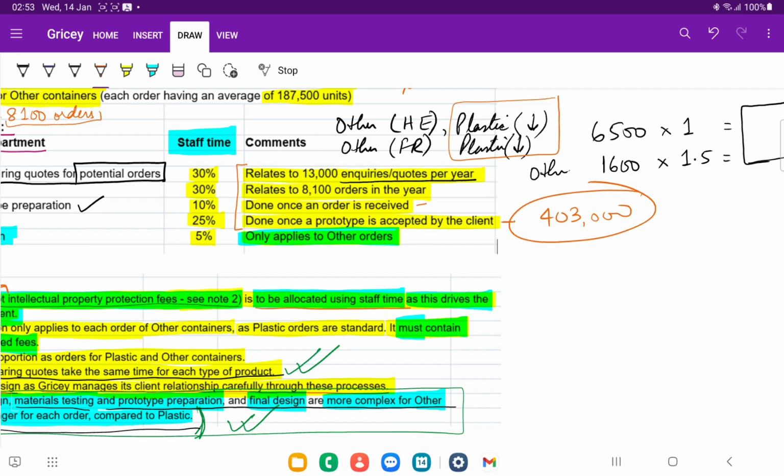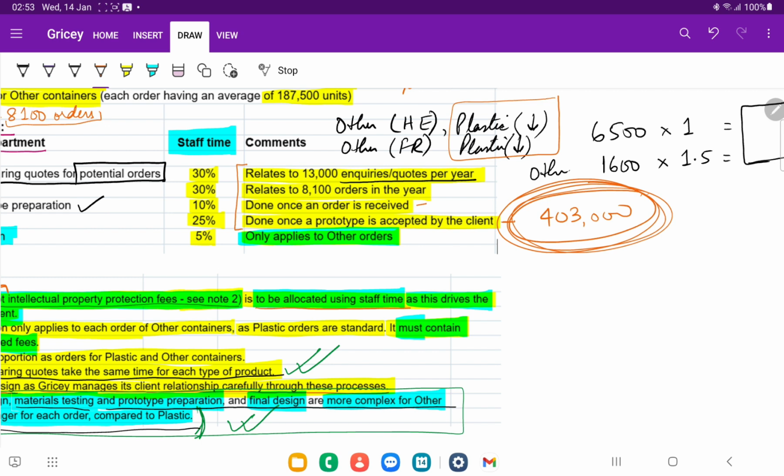So message should be given to the customers they need to pay more price for the premium product, for a sustainable product, for something which they can recycle. So they have to pay more, right? And this is something which should be charged from the customer.